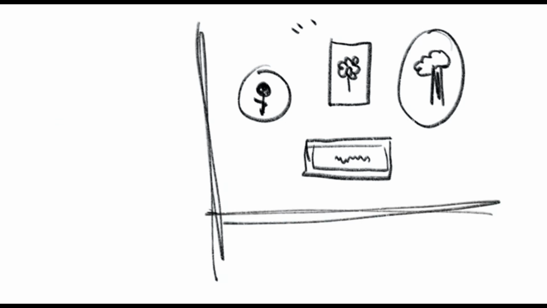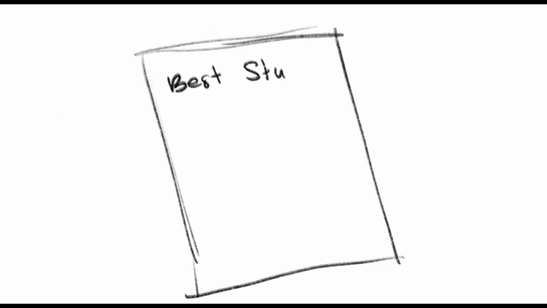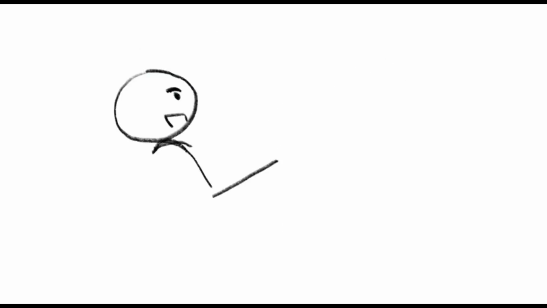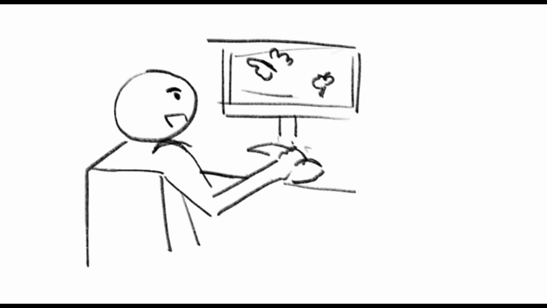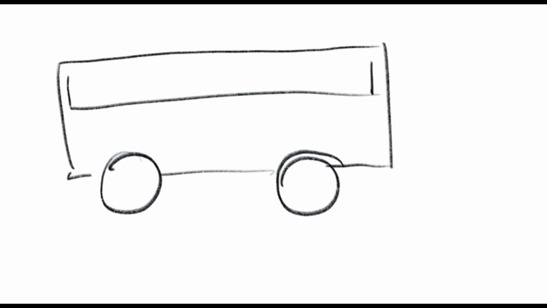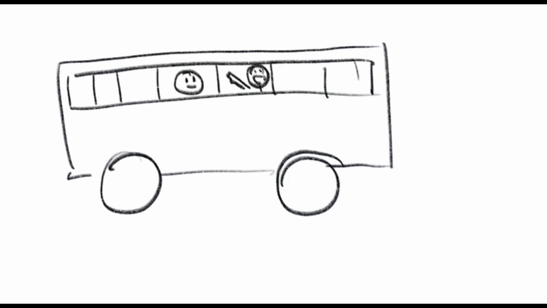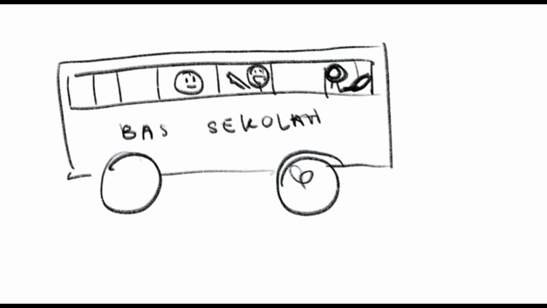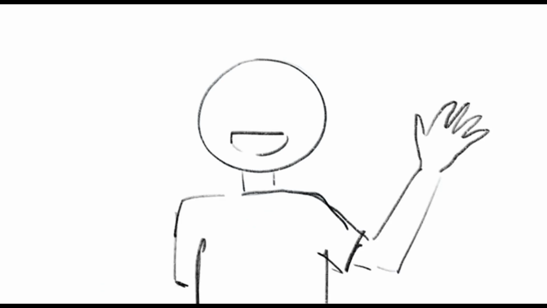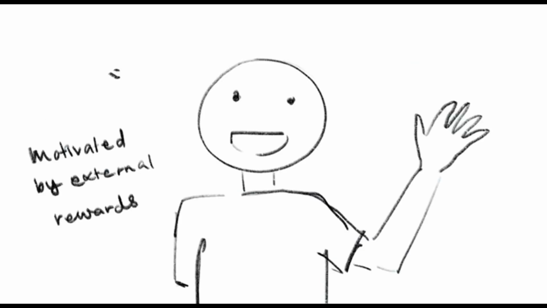For example, displaying their work, giving them a certificate of achievement, verbally mentioning their accomplishments, and allowing students to do something special like playing games or using the computer or going on a field trip. Students will do desired behavior by getting motivated by external rewards, and punishments will encourage students to avoid unwanted behavior.